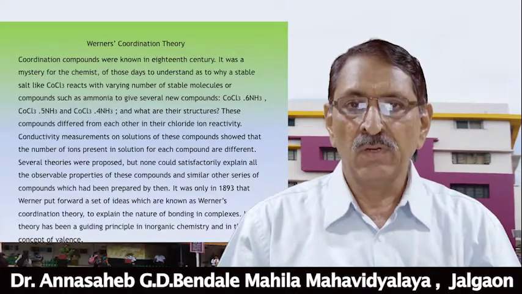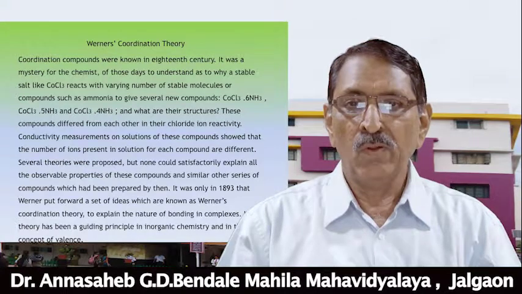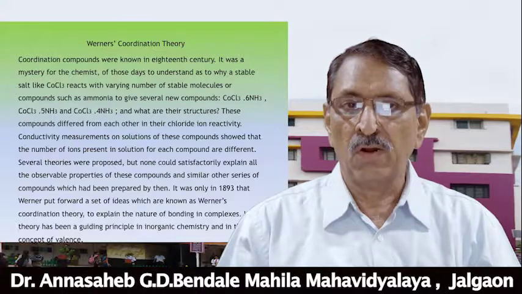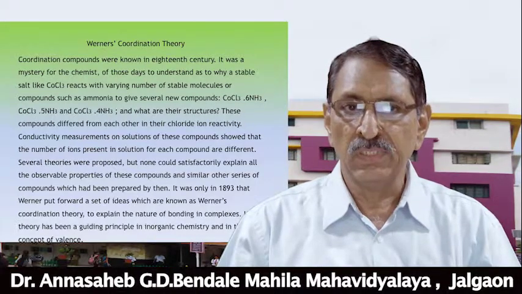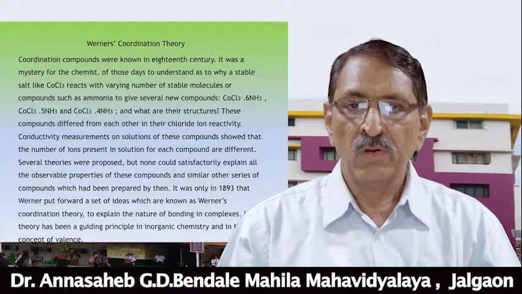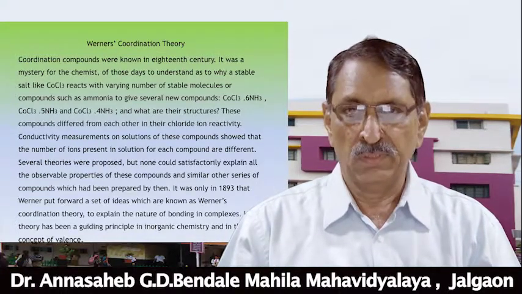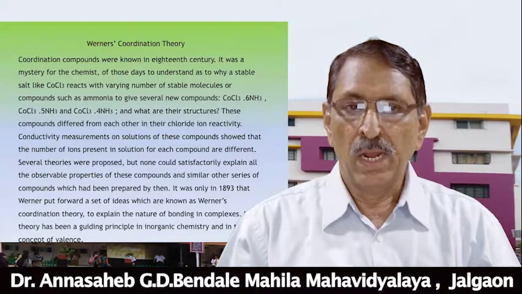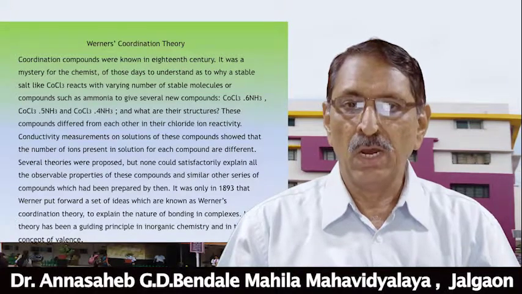We are discussing Werner's coordination theory. Now, coordination compounds were known in the 18th century, and it was a mystery for the chemists of those days to understand why a stable salt like cobalt chloride reacts with varying numbers of stable molecules such as ammonia to give several new compounds, that is, CoCl3·6NH3, CoCl3·5NH3 and CoCl3·4NH3.